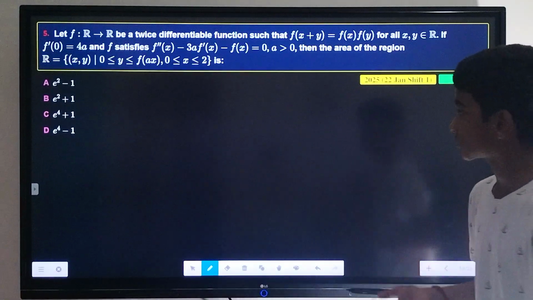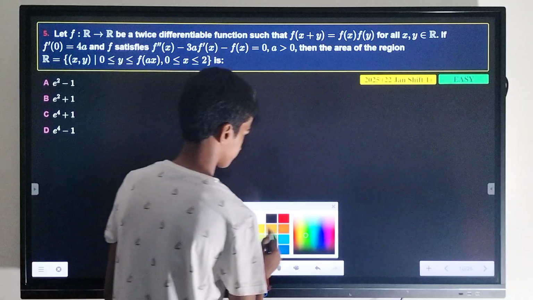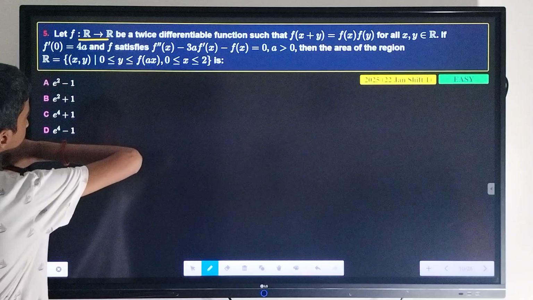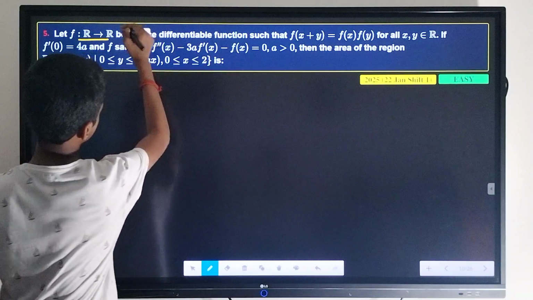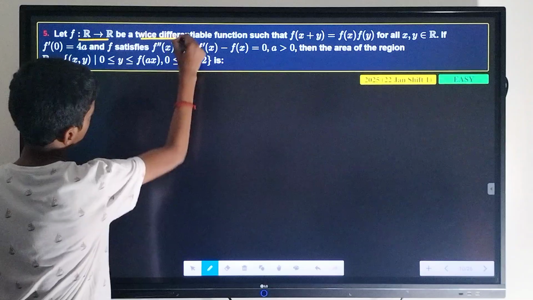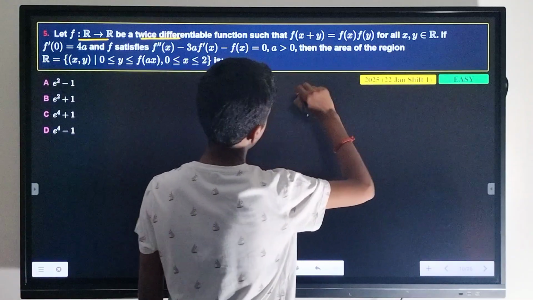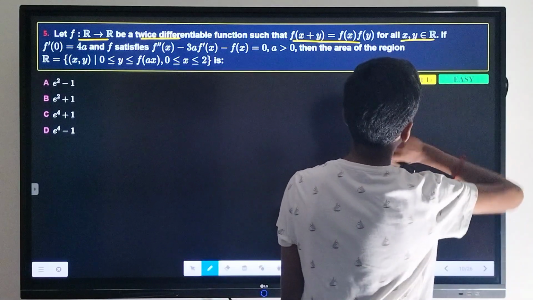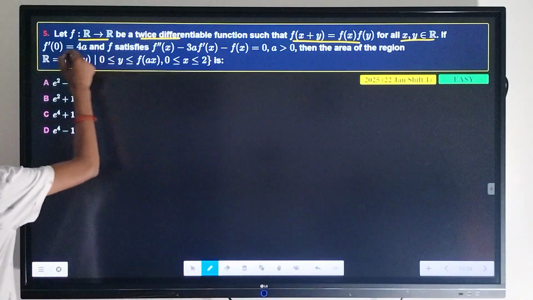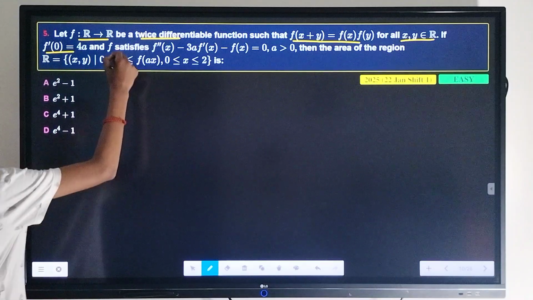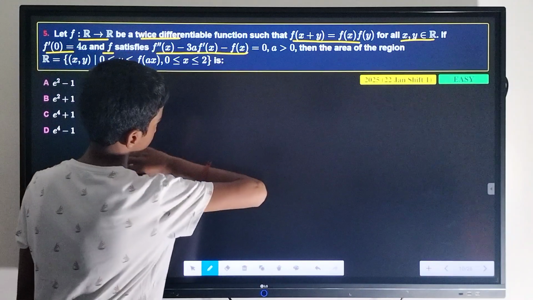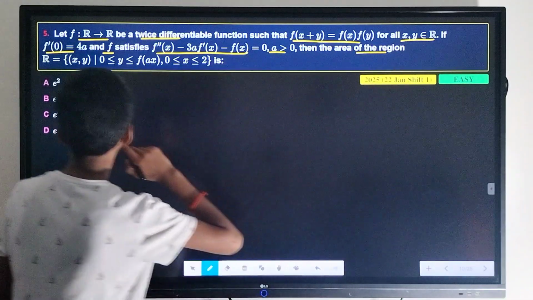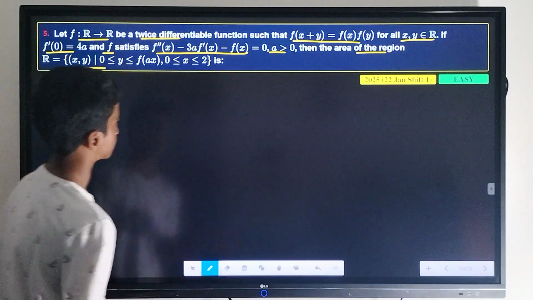Here is our next question now. So our question says let f from R to R be a twice differentiable function, such that here we have our functional equation for all x comma y belongs to R. If f dash 0 is equal to 4a and f satisfies this equation, then if a is greater than 0, then area of the region R is equal to y.